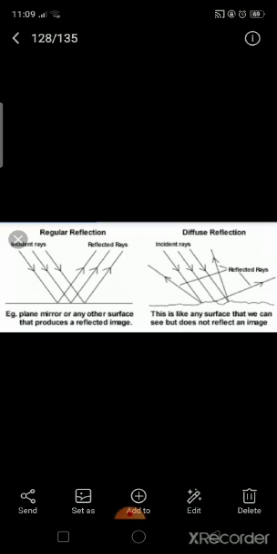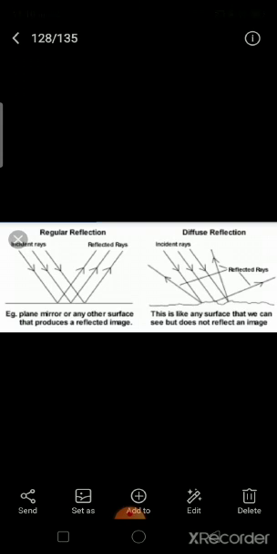In a regular reflection, when light strikes a surface, some of it is reflected back into our eyes and we see the object. All surfaces reflect some light, but not all in the same way. Very smooth and highly polished surfaces reflect all light at the same angle, giving a clear reflection.